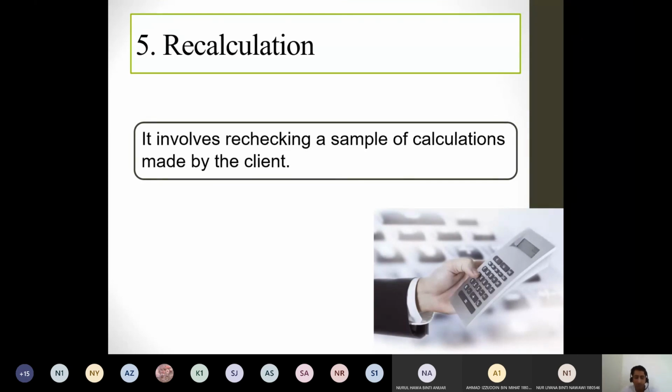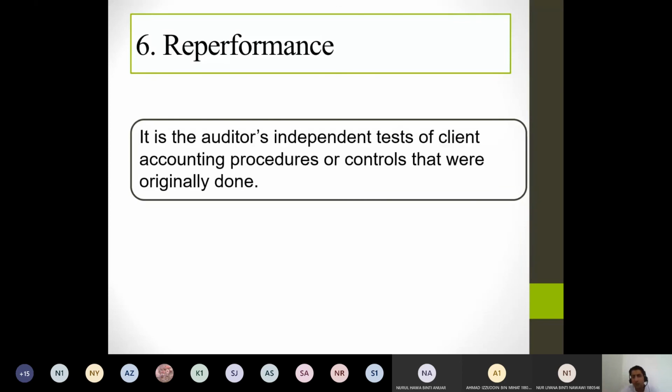Number 6 is about reperformance. It is about the auditor independently testing the client's accounting procedures or controls that were originally done. So there is one transaction the client has already done. Let's say the client recorded in the system that they already collected 5,000 from the customer.